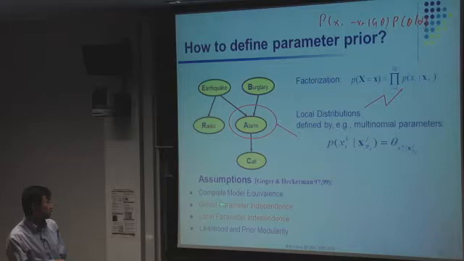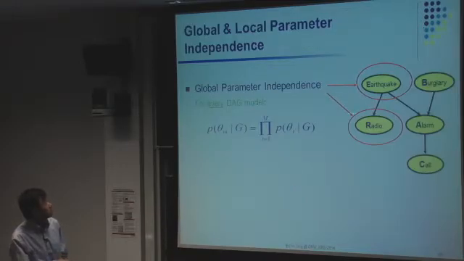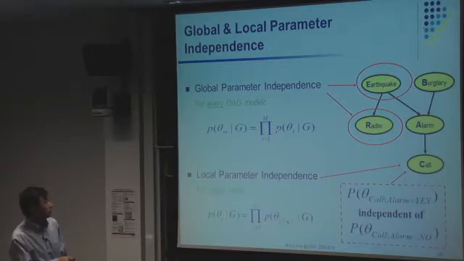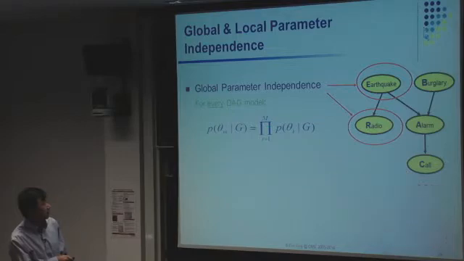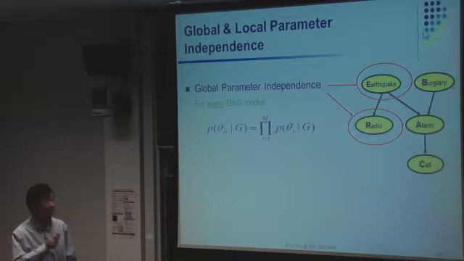One is the so-called global parameter independencies, which means that if you have different nodes, each having their own parameterization, your prior should make sure that they decompose over different nodes. Every node should have its own prior distribution, which is not coupled with the prior for the other node. Okay, that's the so-called global parameter independencies.